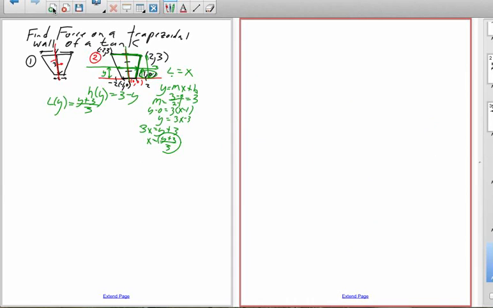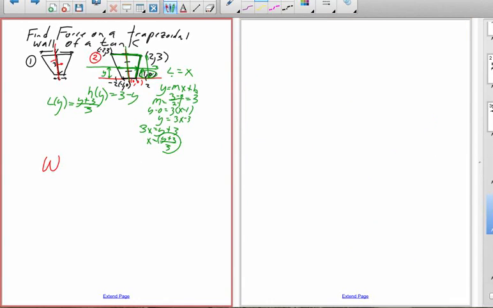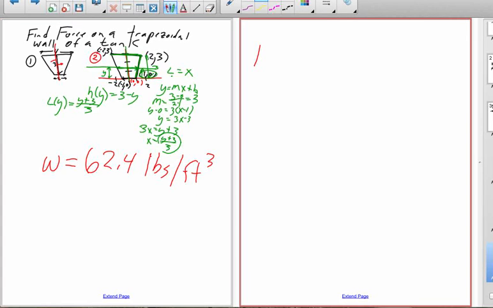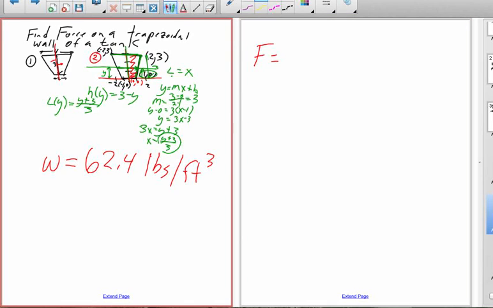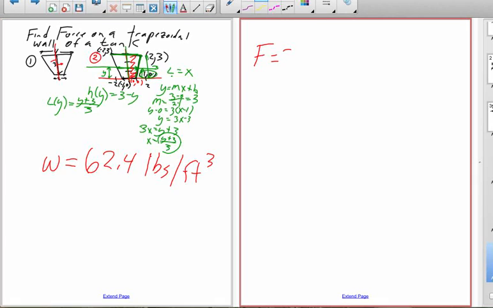So my force then, oh, and this is fresh water. So my weight density is going to be 62.4. We'll deal with pounds. 62.4 pounds per cubic foot. So my force now, and remember, I only found the length for half of that, so I'm going to need to multiply by 2.